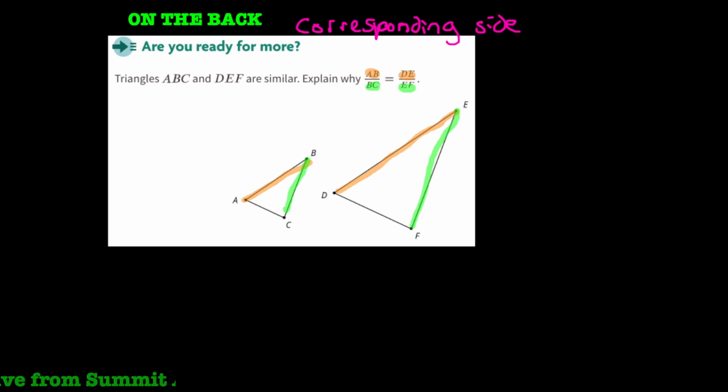This right here is an equivalent ratio. That's the only way that we're able to do this. So now we could say something like this. Let me write it smaller.